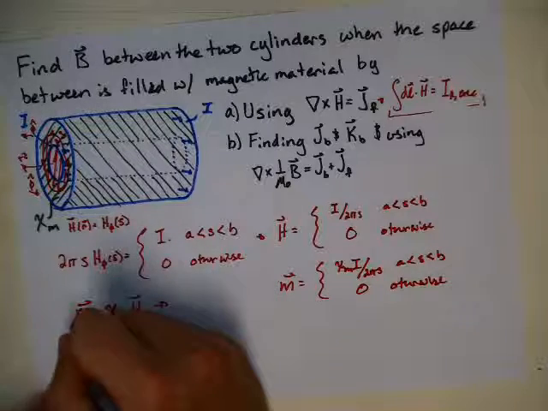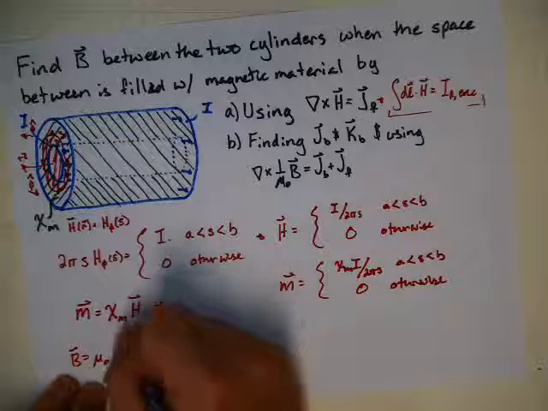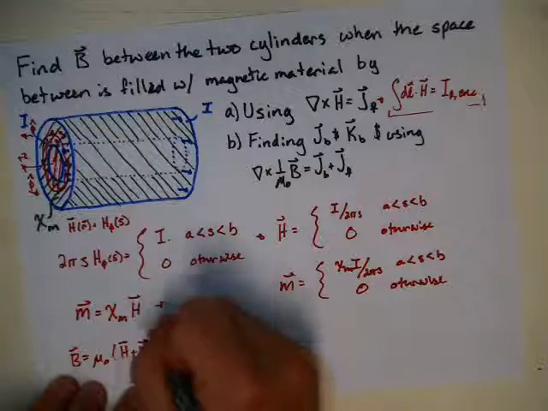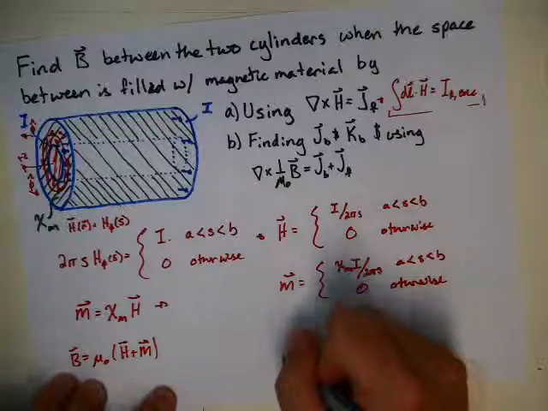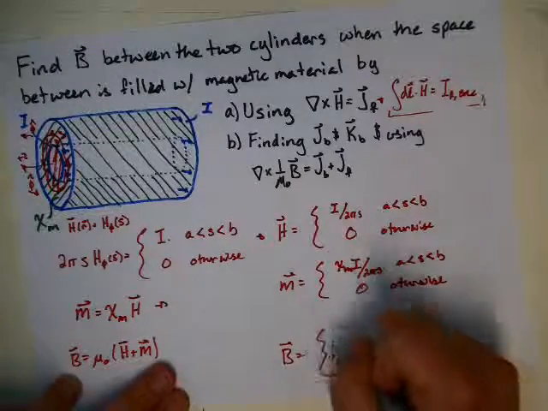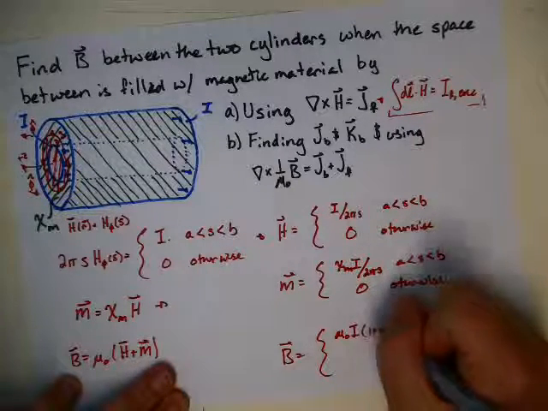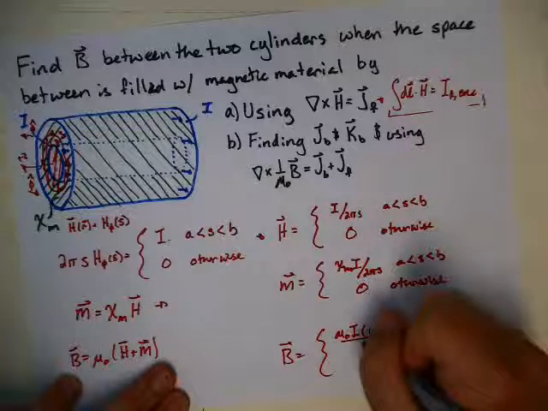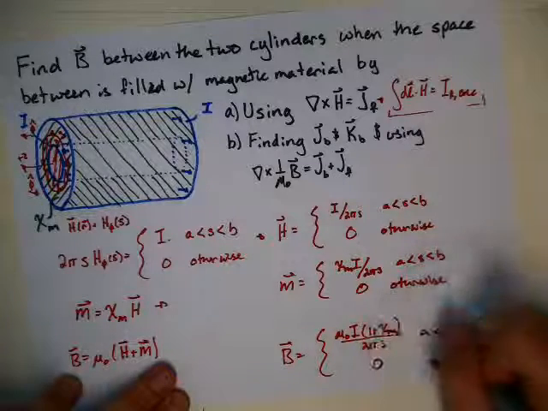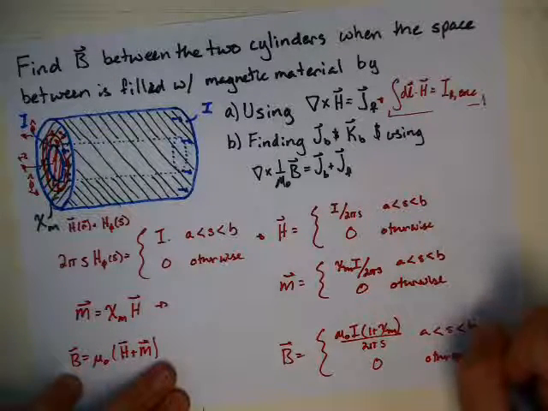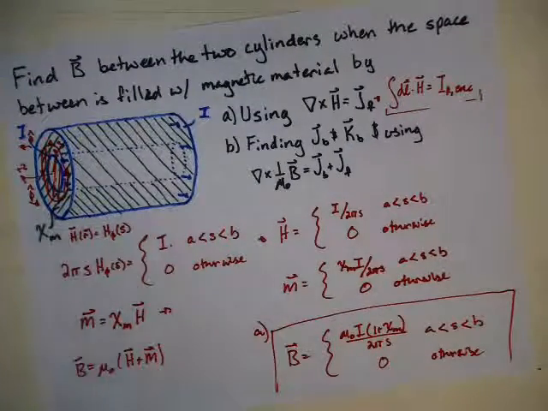And finally, we're going to use the expression that the magnetic field B is mu naught times H plus M. And so just adding these together with a mu naught, we get that the magnetic field B is going to be equal to mu naught I times 1 plus chi m divided by 2 pi s between the cylinders, 0 otherwise. And so that's part A.